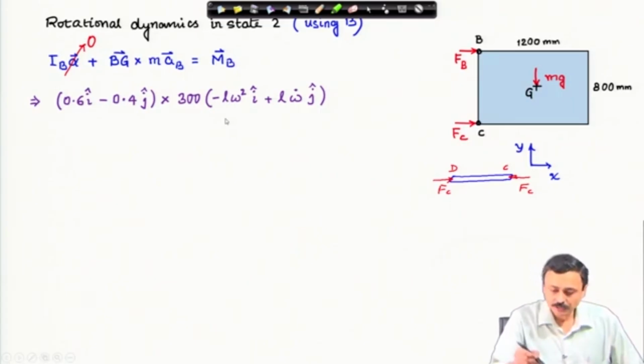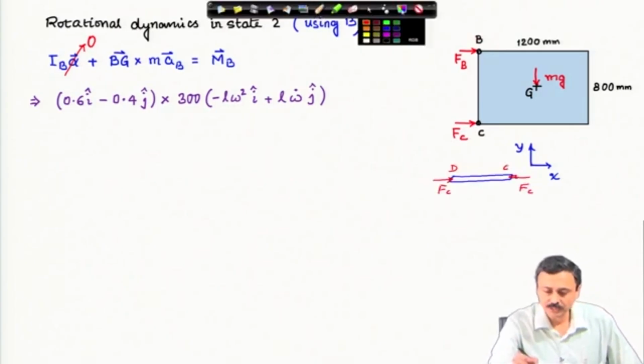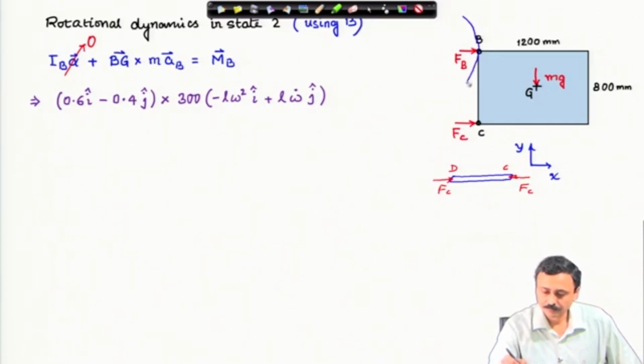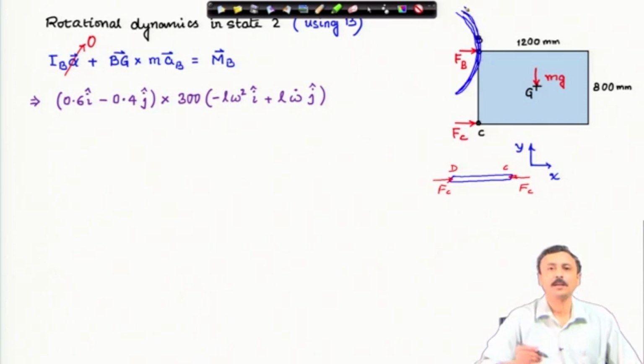B. Note that B is moving on a circular path. B is moving on a circular path with A as the center. Therefore, this is moving on this circular path.